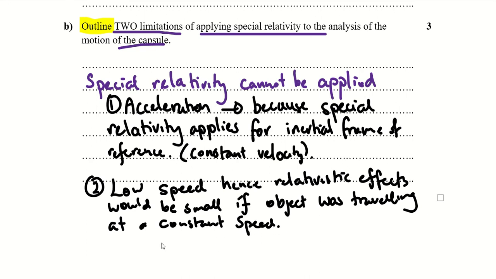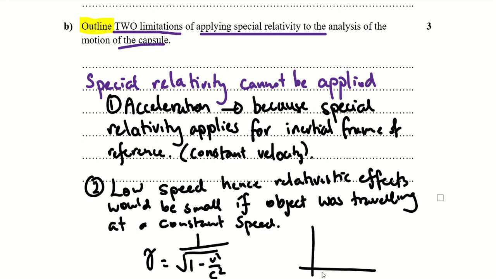Just to put that in reference, the Lorentz factor is this equation here, with v squared over c squared. So at the very starting point, if we have a very low value, so this value down here, the Lorentz factor is virtually nothing.